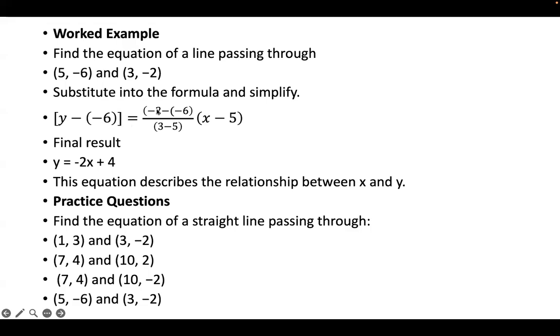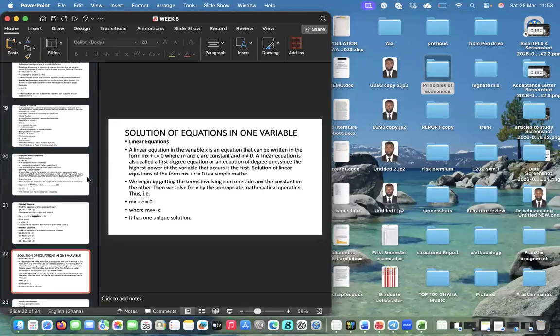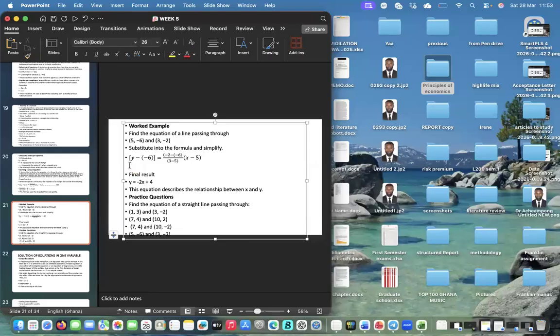Y plus 6 is equal to -2 minus -6, that is 4 over -2, times x minus 5.